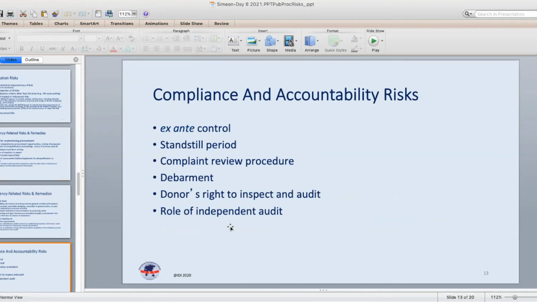Now some of these mitigation measures are found in the standard procurement documents, as well as the legal agreements that govern the financing of bank projects.